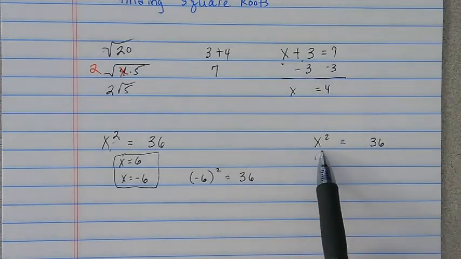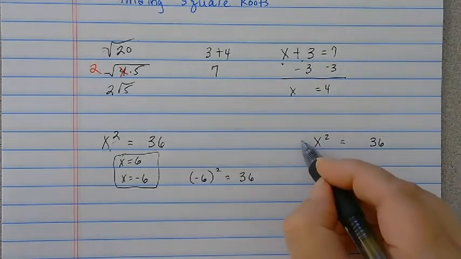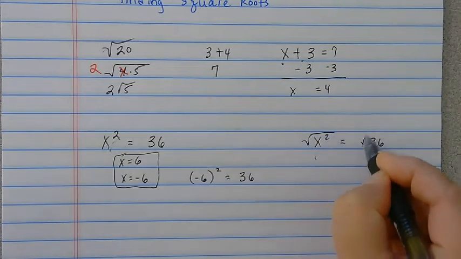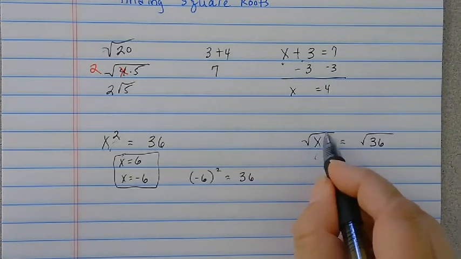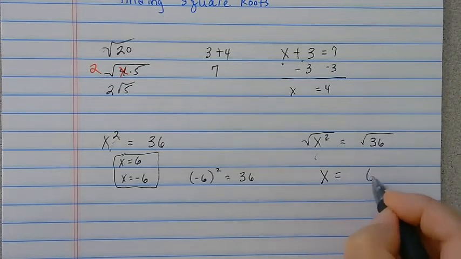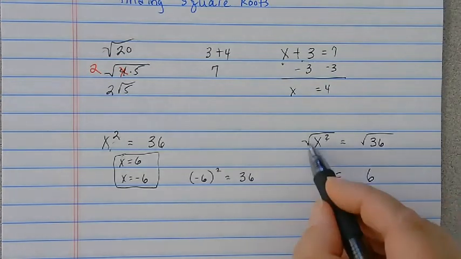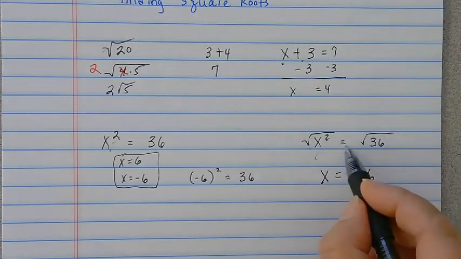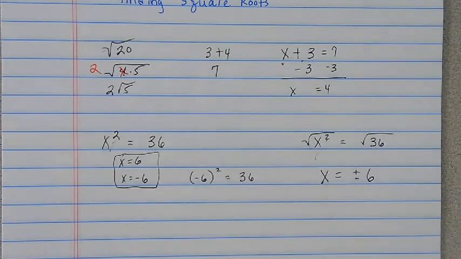So I have to think about what the inverse operation of squaring is. And to undo a square, you take a square root. So over here, the square and the square root undo each other, and I get x. And over here, I get 6. But to show that I get both answers, anytime that I square root both sides of an equal sign, my answer is always going to be plus or minus.